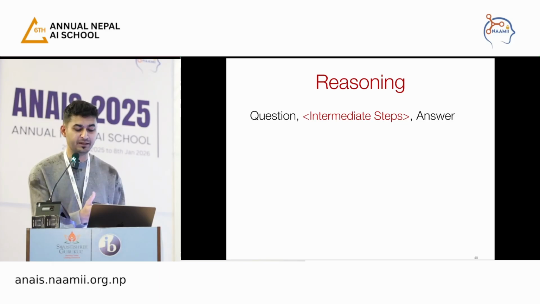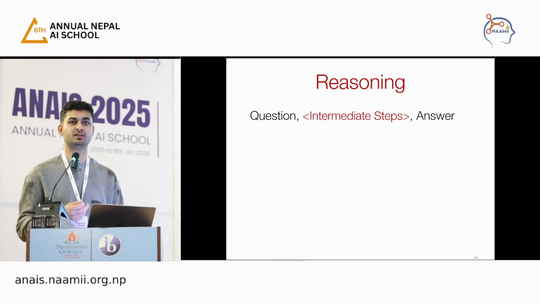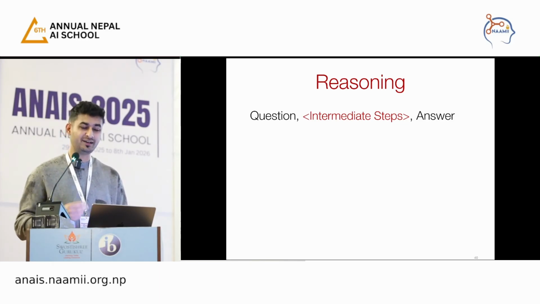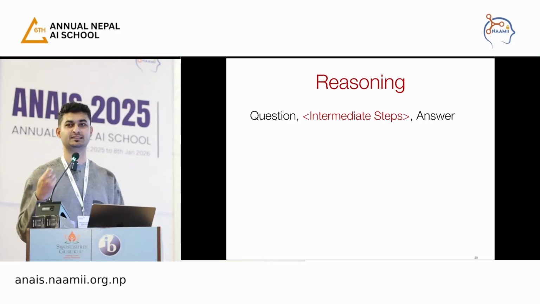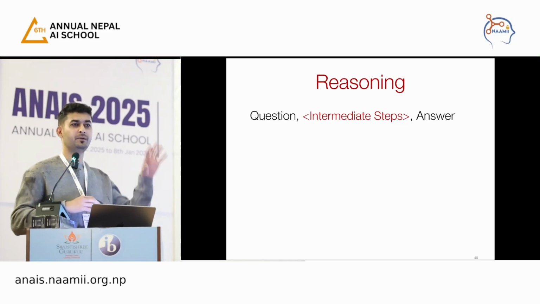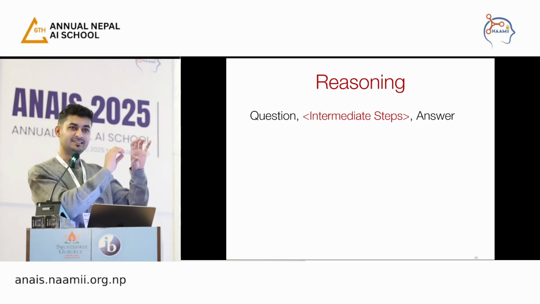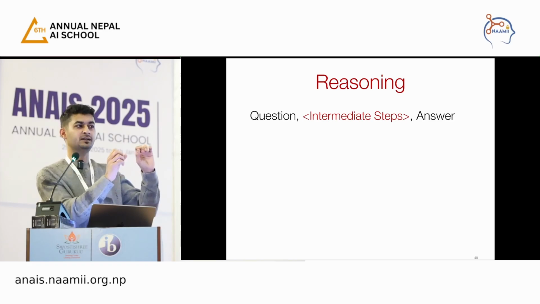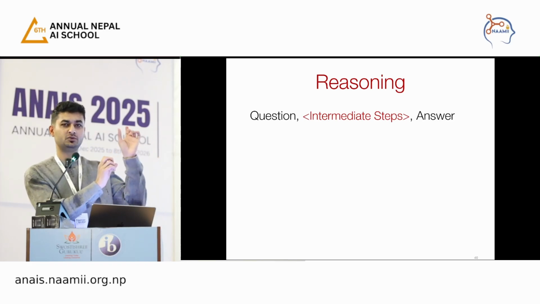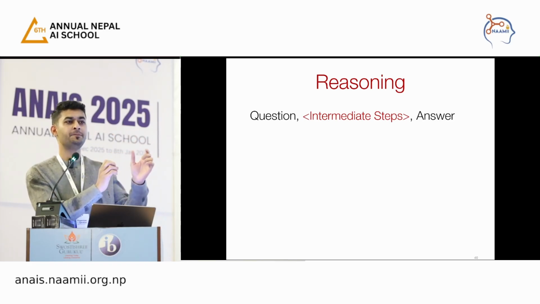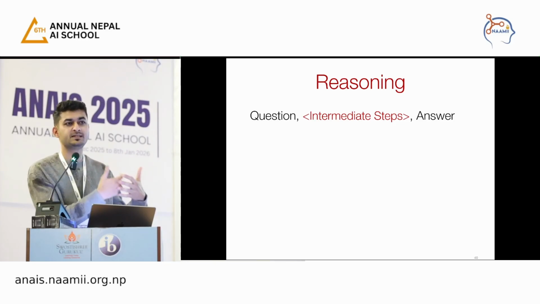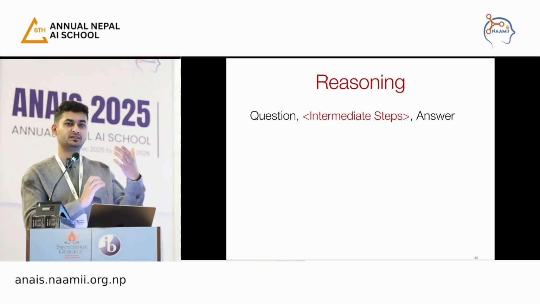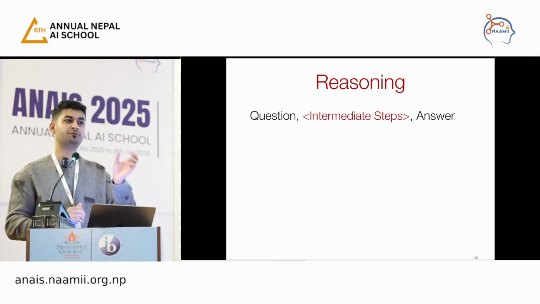The intermediate steps before answering a question are what is called reasoning. It's not reasoning per se in the way humans understand it. How an LLM reasons is still next word prediction, but instead of answering the question directly, there's an emphasis on the generation of intermediate steps before coming to the final answer.